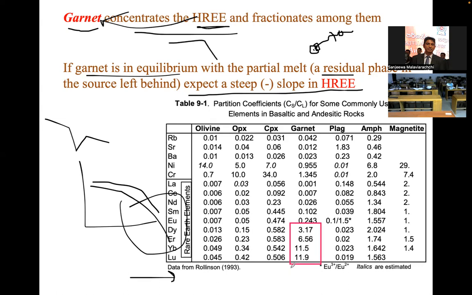You can see the partition coefficient of garnet here. It's greater than 3, and if something is greater than 1, obviously it is compatible. You can see the heavy rare earth elements here show big values for the partition coefficient. So if this garnet is in equilibrium with the melt where these elements are present, most of these heavy rare earth elements will be fractionated preferentially into garnet.